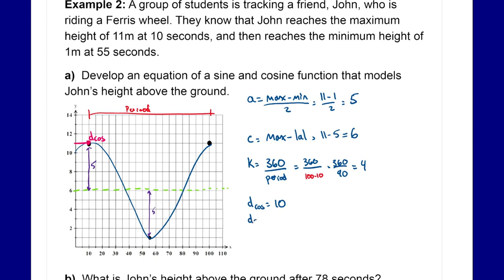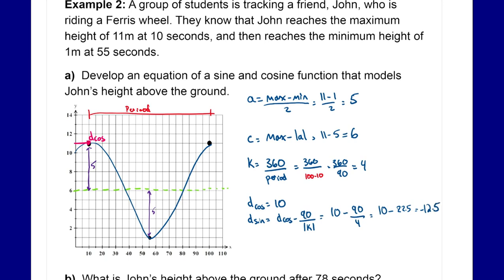And then the d value for sine, if we go back to our previous lesson, was the d value for cos minus 90 divided by the absolute value of k. So we have 10 minus 90 divided by 4, or 10 minus 22.5, which equals negative 12.5.